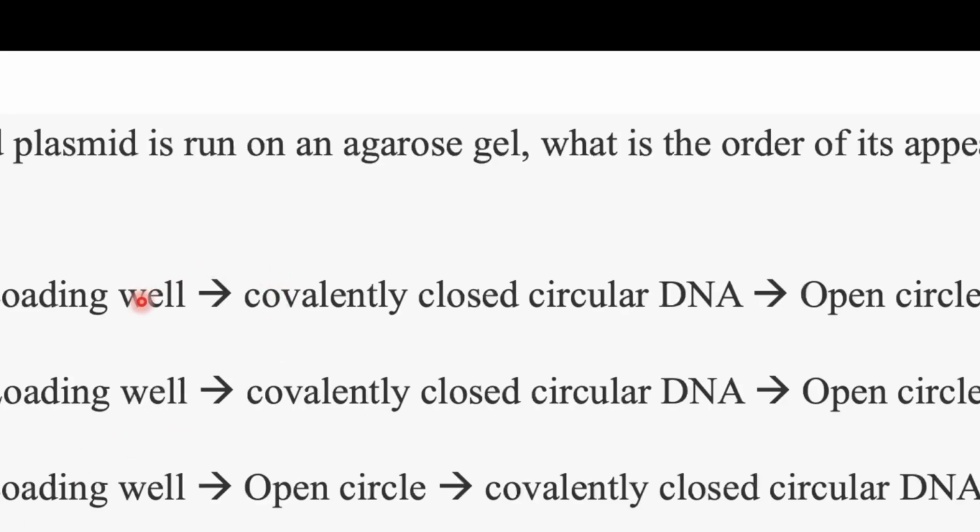So to denote loading well, these arrows denote the position of the products from top to bottom, right? The arrows are on the top, and these products are on the bottom. From top to bottom, what is the arrangement when you run an isolated plasmid on an agarose gel? So all these topics are from the same lecture week 3.